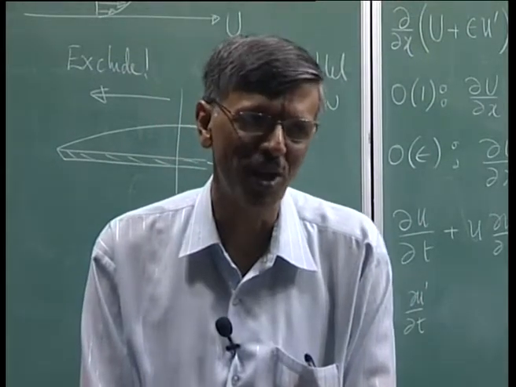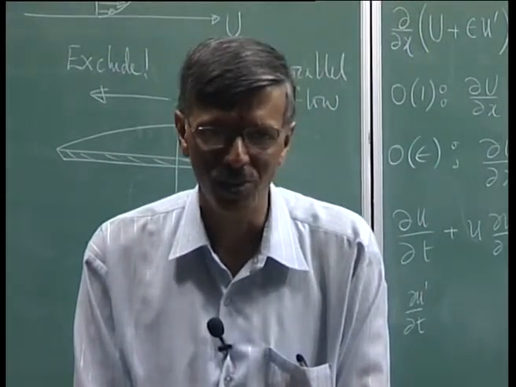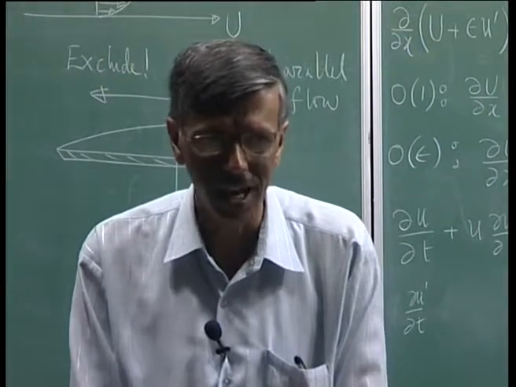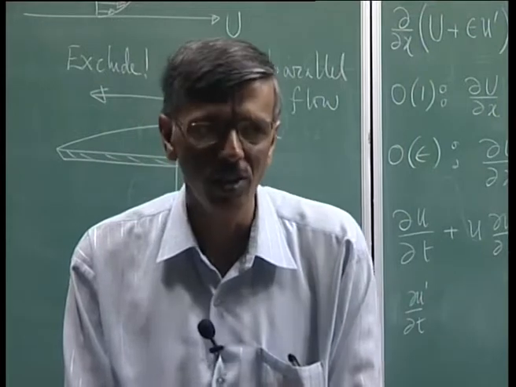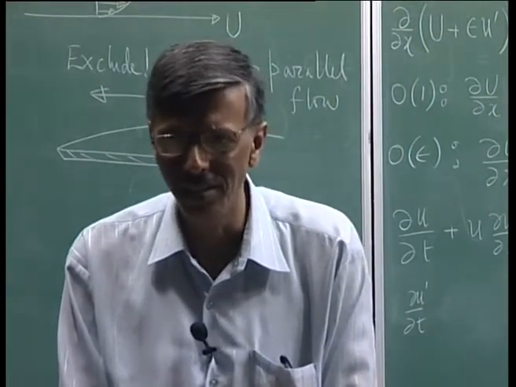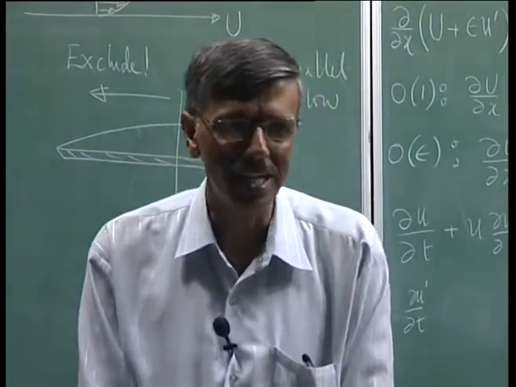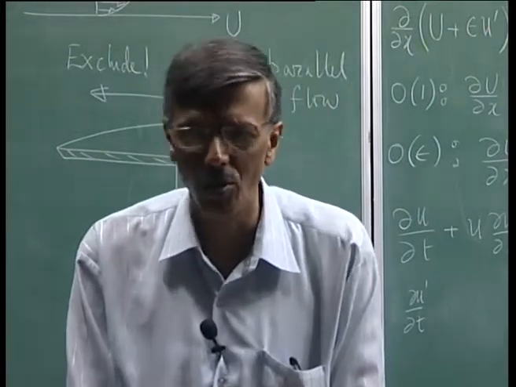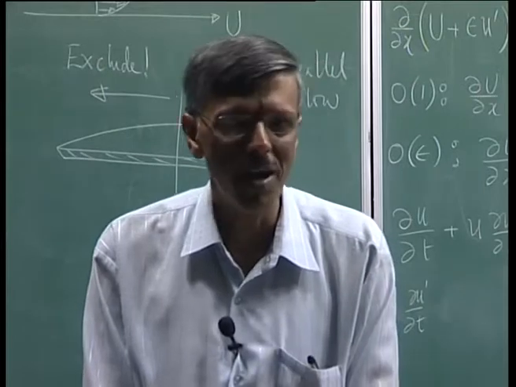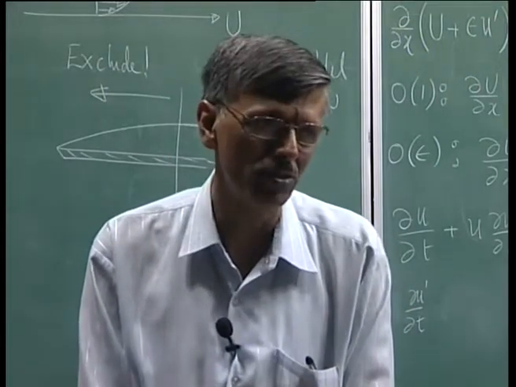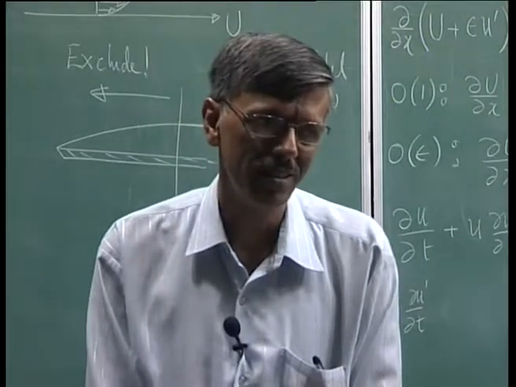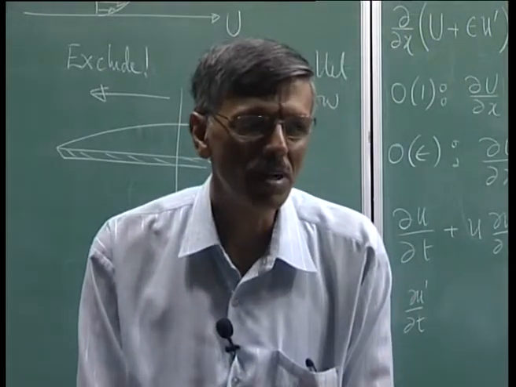Because you are not bothering about growth or decay of those quantities. We have seen yesterday when looking at time variation that the imaginary part of omega indicates whether it will grow or decay with time. So, if I put the imaginary part equal to 0, I am basically studying the neutrally stable configuration.